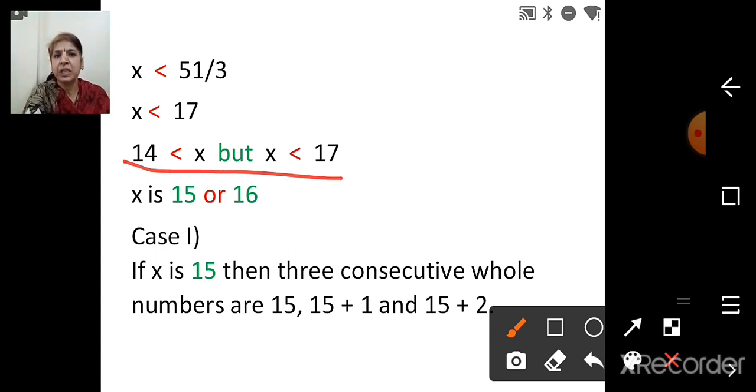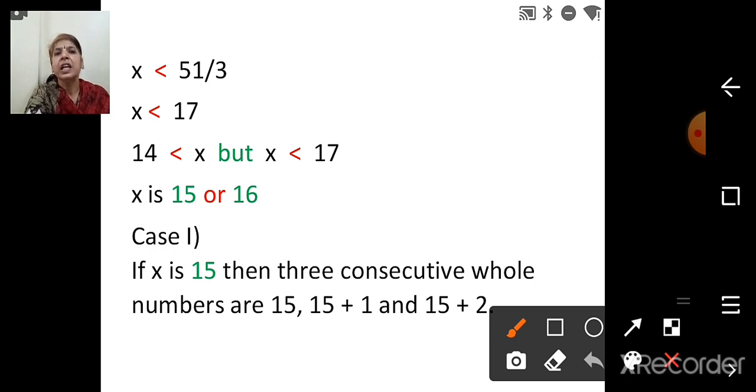So they are whole numbers. The answers which we are getting are whole numbers. X is greater than 14. So which are the numbers greater than 14? 15, 16, right? But less than 17. So when we say greater than 14 and less than 17, it is 15 or 16. X is 15 or 16.